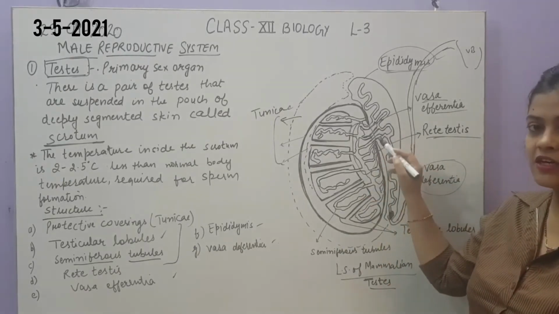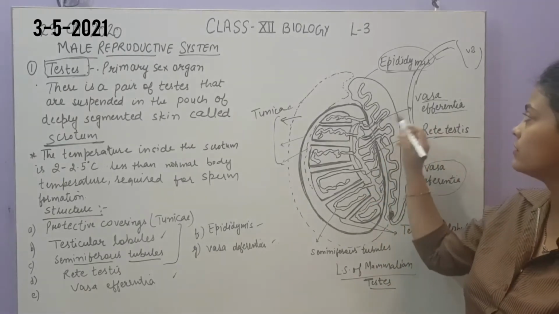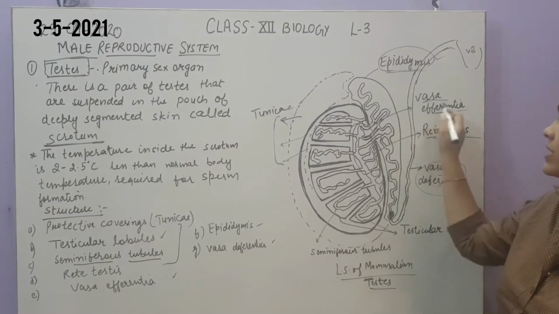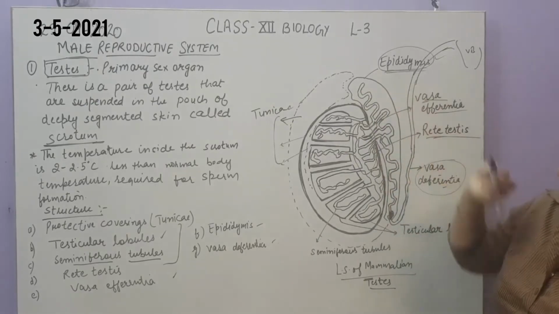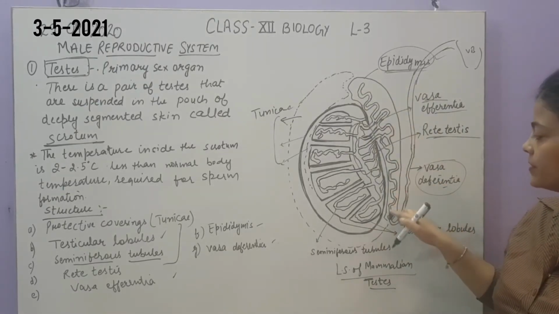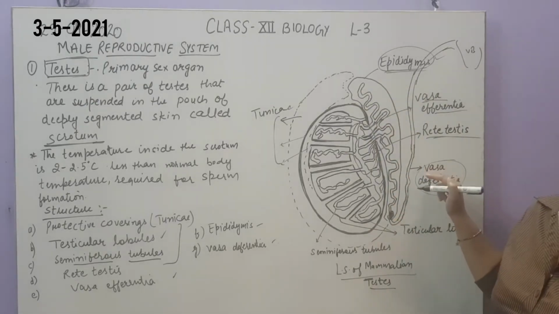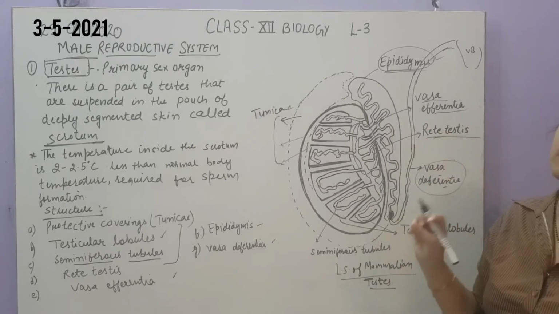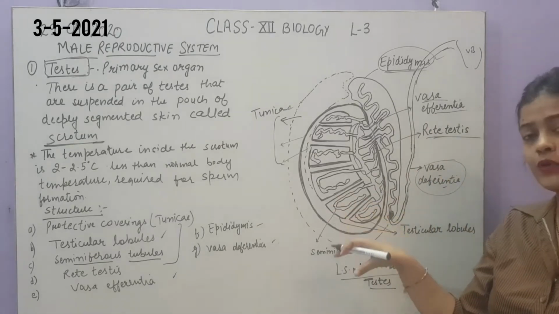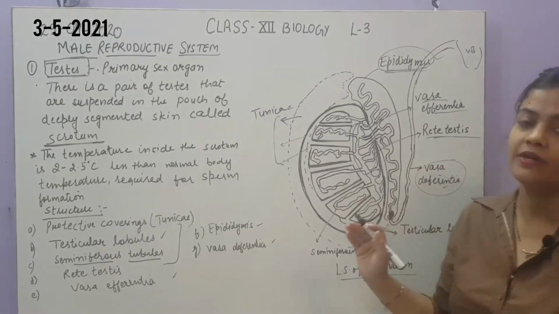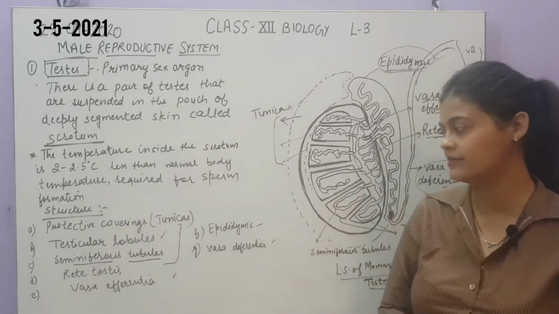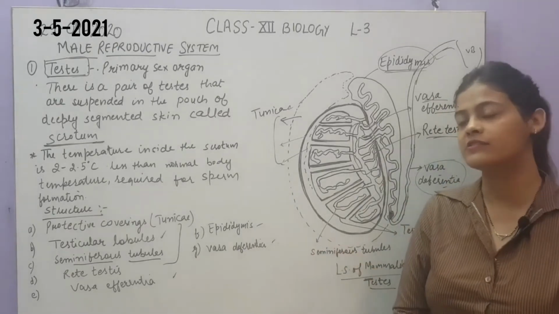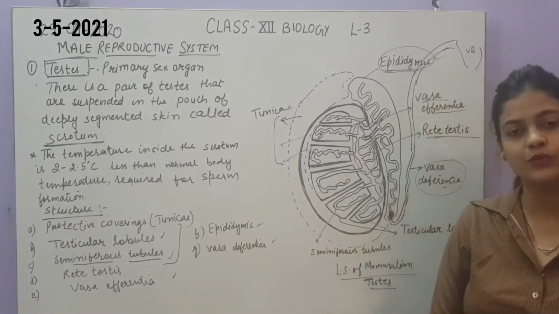From the rete testis, the tubules arising are called vasa efferentia. From vasa efferentia, they are collected together in the structure called epididymis, and from the epididymis this duct arises which is called vas deferens, which will carry the sperms towards the ejaculatory duct, so that the secretions from the accessory glands can be collected. Now let us see the detailed structure of seminiferous tubules.